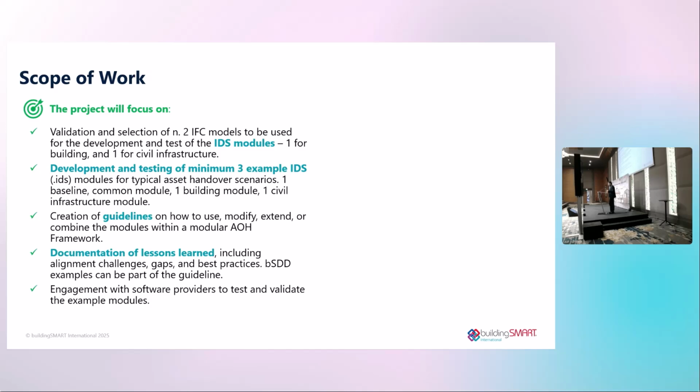Those IFC files will be used for testing and developing the further IDS files. The development and testing of IDS files will be a minimum of three: one common module which could be applied for the building sector, one specialized for building, and another one for the infrastructure domain.